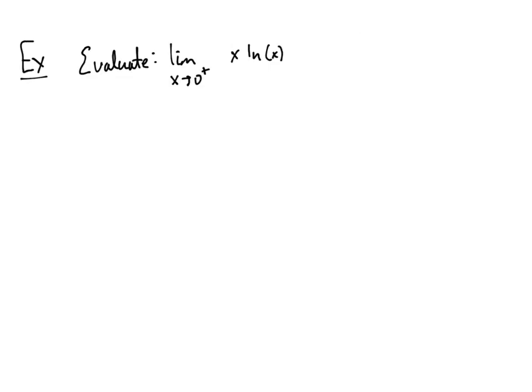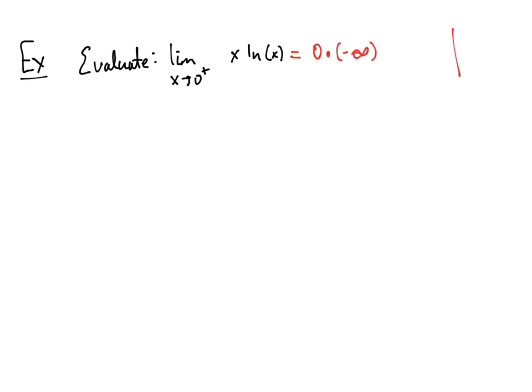Alright, so our first limit we want to evaluate is the limit as x goes to 0 from the right-hand side of x times ln of x. Now, first thing we probably always want to try when we're evaluating limits is use direct substitution. And what we're going to get here is 0 times negative infinity.